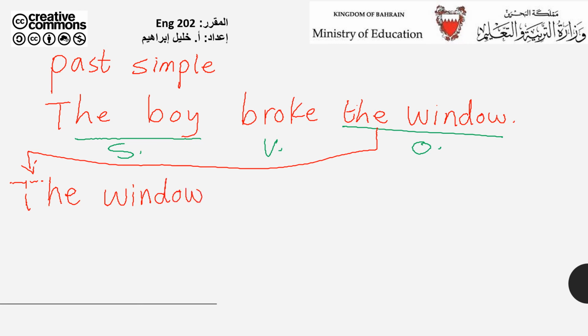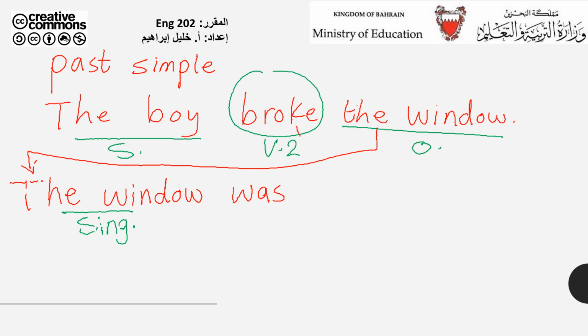And now, step number two, to choose a suitable helping verb, I ask myself, the window, singular or plural? It is singular. Now, what about the verb? Broke. Broke is in the past. So I need a helping verb that is used in the past and suitable with singular. And the best one is was. So this is step number 2.